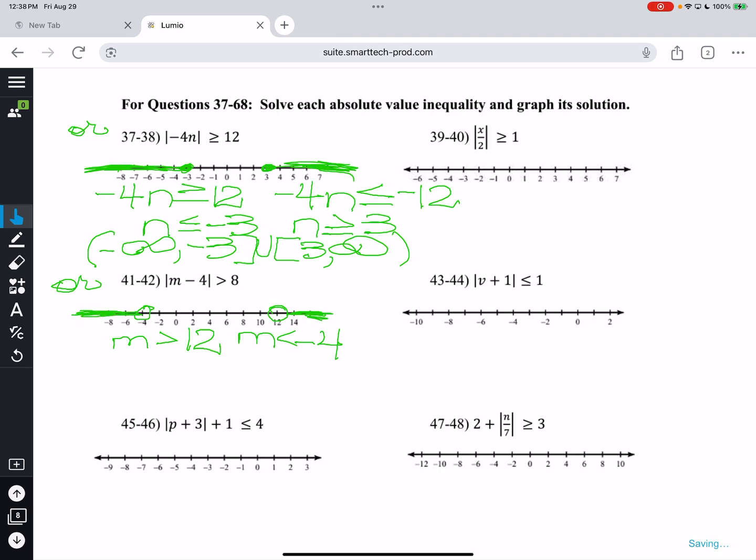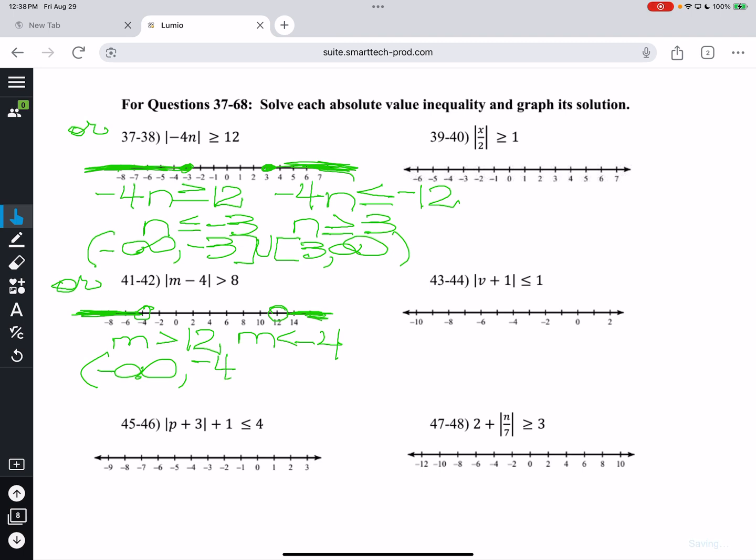Who's going to tackle the interval notation? Catherine? Would it be parentheses, negative infinity, comma, 12? Follow the number line. Where did you come to? Negative 4, -4, and then bracket?